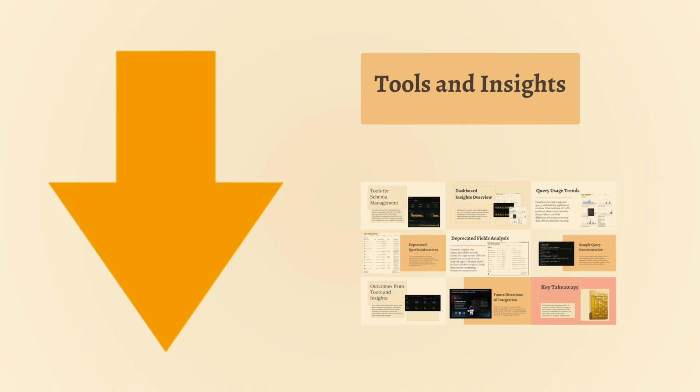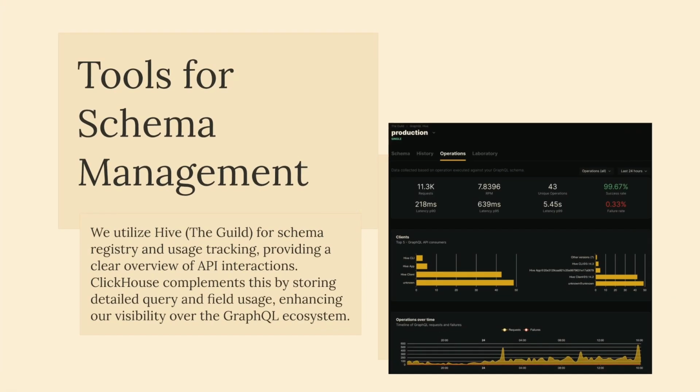And the next topic is going to be the tools and the insights. So for schema management, as I mentioned, we use Hive as a schema registry. And Hive itself also uses ClickHouse. And ClickHouse collects all the data of what's going on within the schema.